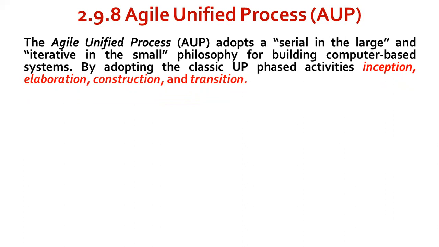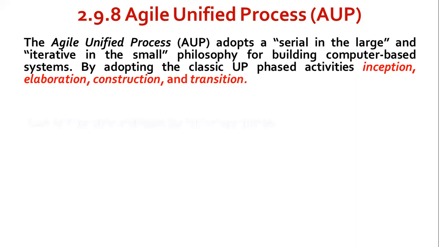By adopting the classical UP phased activities, inception, elaboration, construction, and transition, the Agile Unified Process provides a serial overlay that enables the team to visualize the overall process flow for a software project. However, within each of these activities, the team iterates to achieve agility and to deliver meaningful software increments to the end users as rapidly as possible.